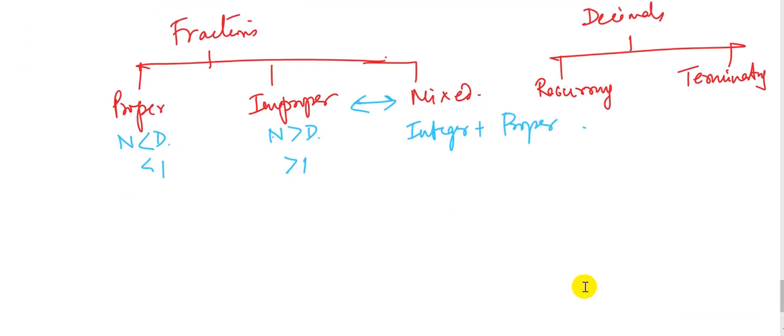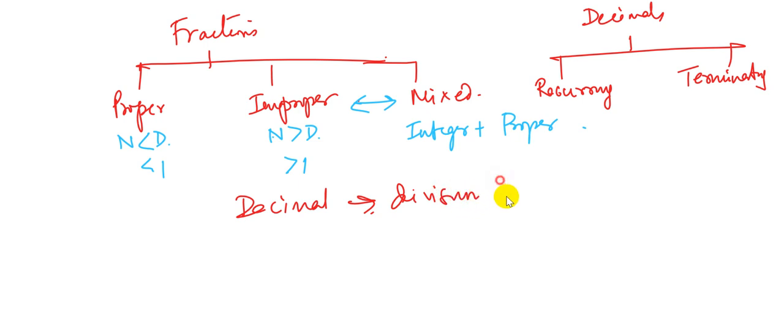Now, what gives rise to a terminating decimal? What gives rise to a recurring decimal? Anyone? What makes a decimal recurring? What makes a decimal terminating? Now, the concept of decimal came from division by 10 or powers of 10, right.